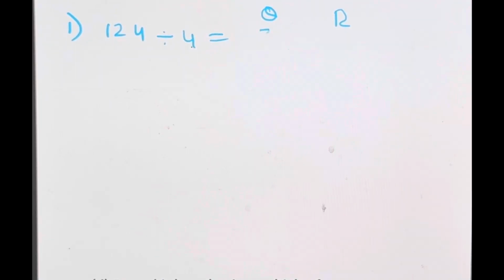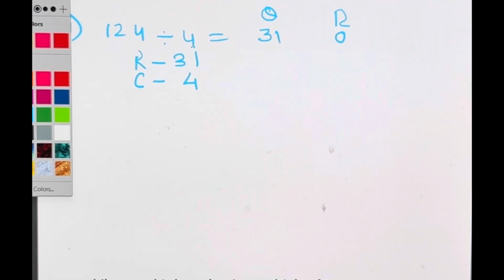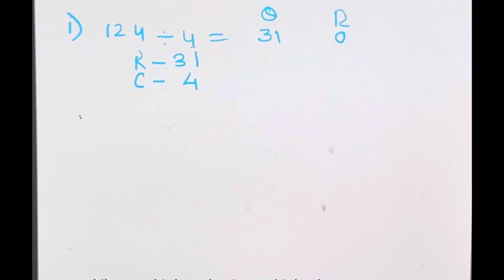Quotient will be 31, remainder is 0. So what will be the row and the column? Row will be the same as the quotient because the remainder is 0 over here, and when the remainder is 0, the column is always 4. This is answer number 1. Now we see the next question.